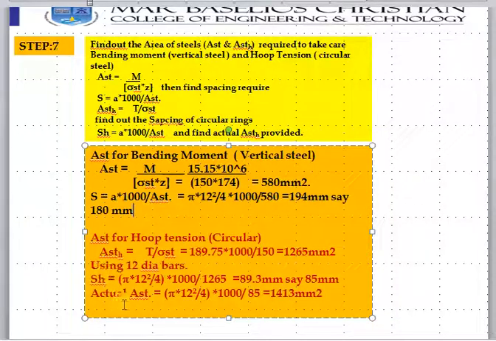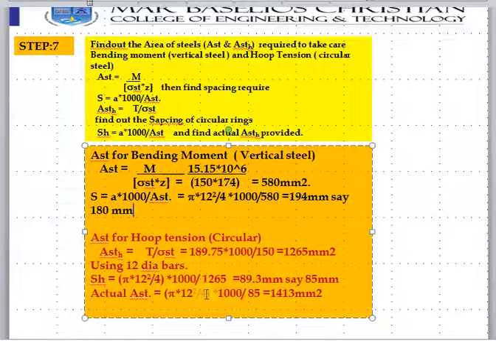So you will get spacing SH, meaning spacing of horizontal bars or hoop bar, is pi d square by 4, small a, so a into 1000 divided by ST. So you will get 89.3, I got. And because 89.3 is not possible to mark at site, I am taking 85. Even 85 is not sufficient, but let me go with that 85. Okay, so from this you find out the actual area of steel.